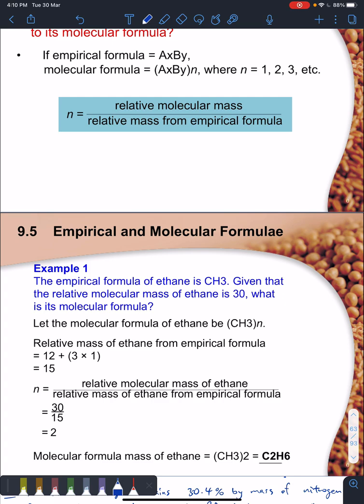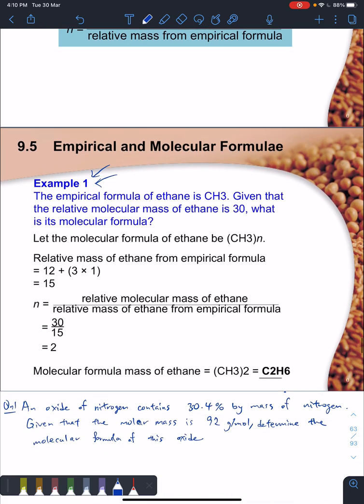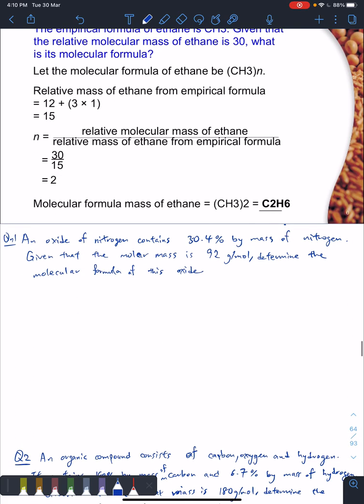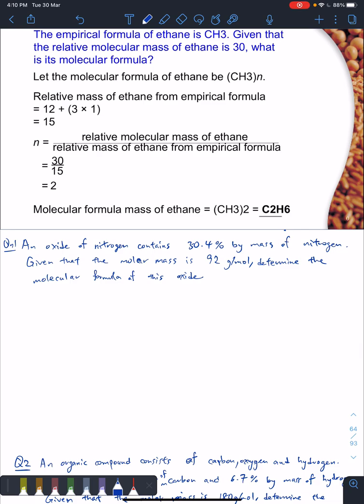You can take a look at this example 1 over here. It says just example 1, and they tell you the empirical formula. But most of the time, you are expected to use the table to find the empirical formula. So in this case, this question will be a better example. You notice they ask you to find molecular formula, which means you need to find empirical first, which means you need to have a table.